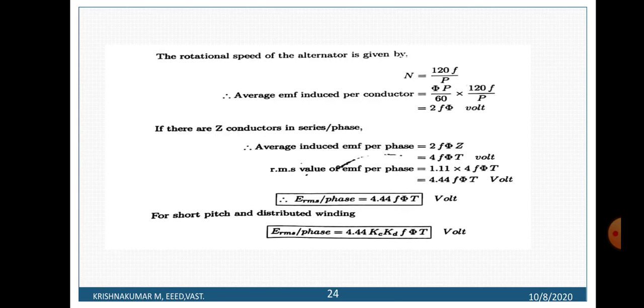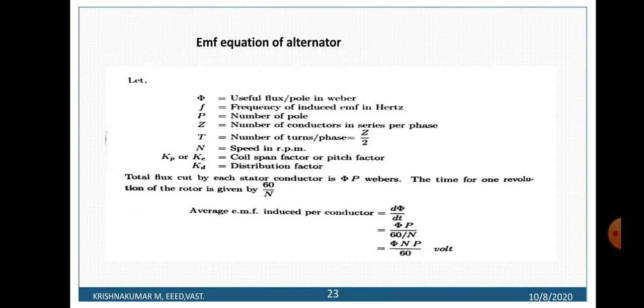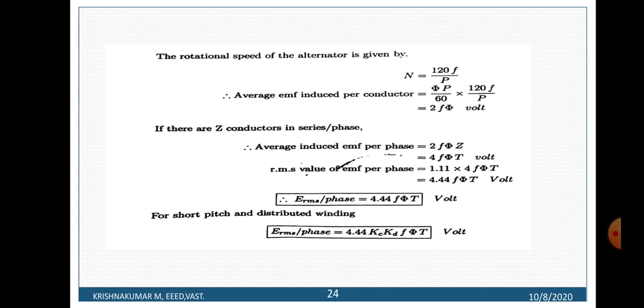The rotational speed of the alternator is given by N is equal to 120 f by P. Since this is an alternator or synchronous generator, it runs at synchronous speed.